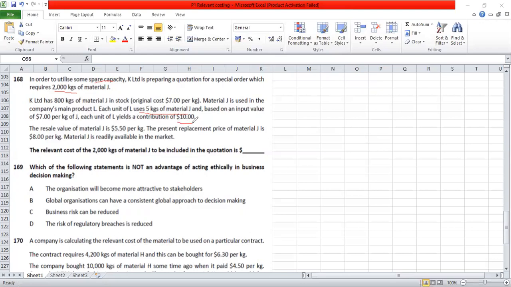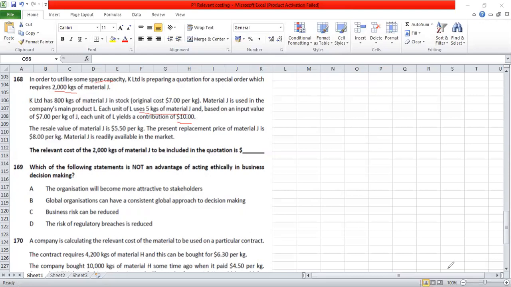The resale value of material J is 5.50 per kg. The present replacement price of material J is 8 per kg. Material J is readily available in the market. Just look into that and then see which ones are relevant.